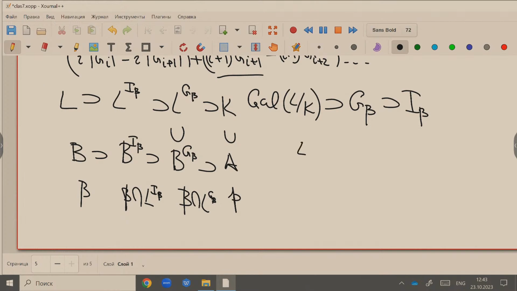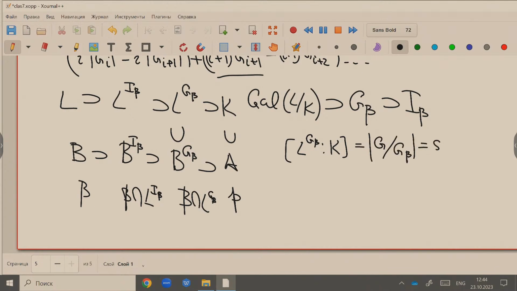Of course L^{G beta} over K may not be a Galois extension, but the index is just G modulo G beta, so this order.